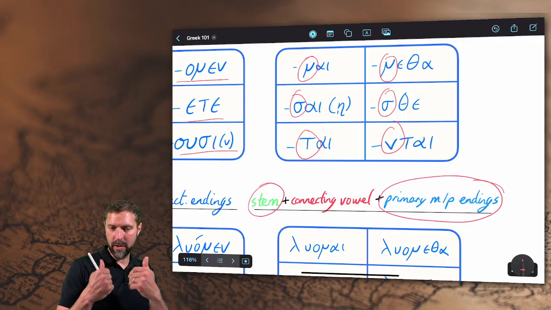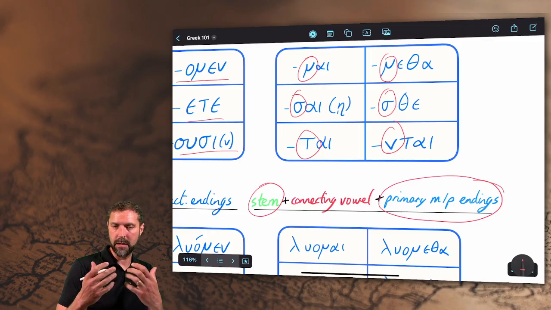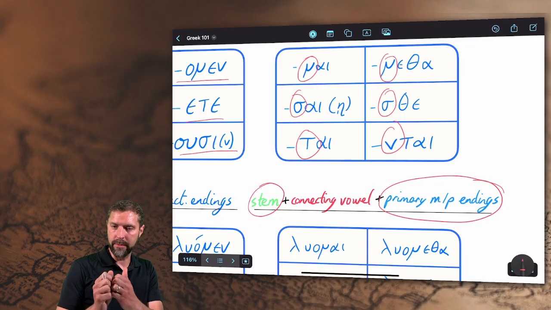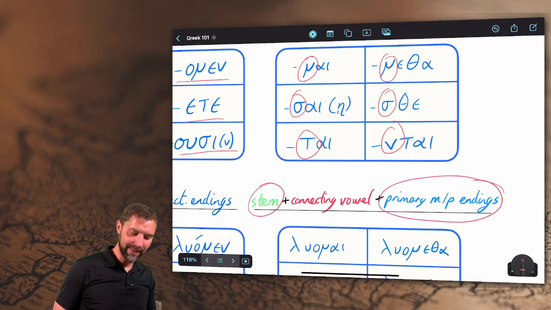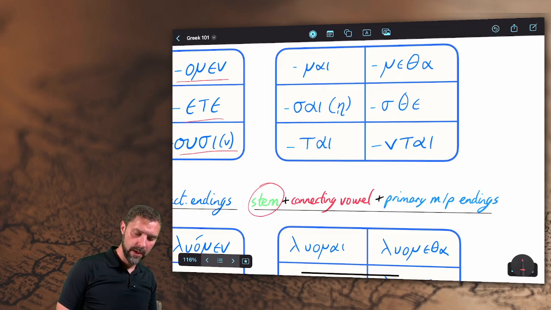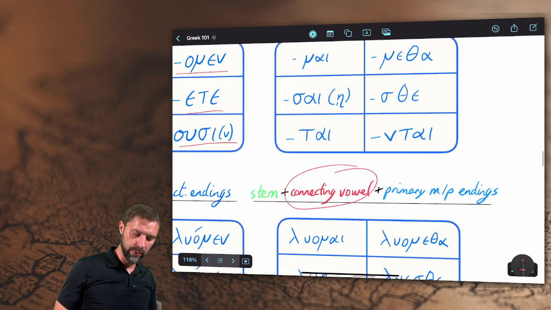And the clash of consonant on consonant leaves me in a situation where I need something, kind of think of the grease or something in between, to make these two work together. I can't just put steel on steel. I need something that links them up. That link is going to be called a connecting vowel. And the connecting vowel stands in the middle, puts the two together, or fuses them, or helps them work together, so that I can read smoothly down the word.